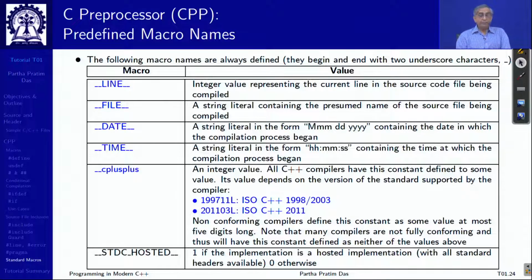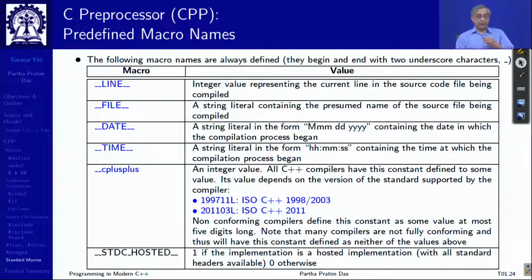Then there are some names which are predefined in the macros. These are the names that you have. One is line, which tells you the particular line where you are in. One is file, which tells you what is the name of the translation unit that is being compiled.